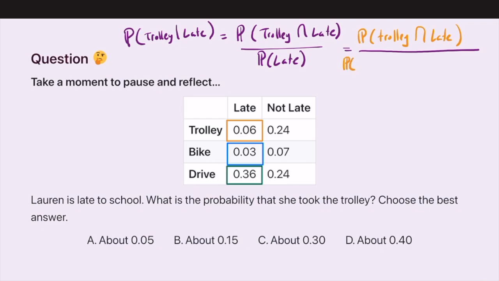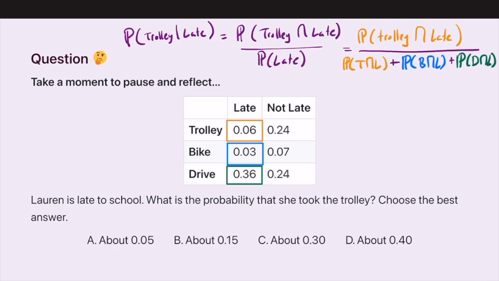I'm going to use a shorthand of trolley and late, plus the probability of bike and late, plus, now we're on green, the probability of drive and late.